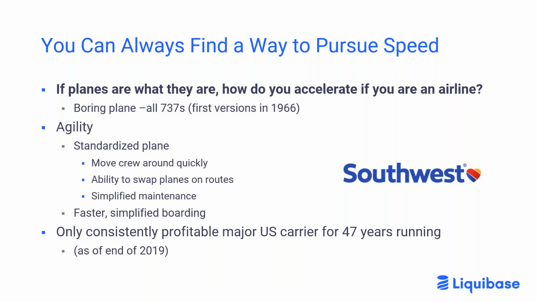An investment in these improvements, seeking more speed, gave them a competitive advantage to the point where they are the only major US carrier that has been profitable on an annual basis for the last 47 years running. Of course, that's at the end of 2019, and 2020 is probably going to break this streak. But it's a great example of how somebody who's continuing to seek speed and finding ways to leverage their capabilities gains a business advantage, not just a technical one.